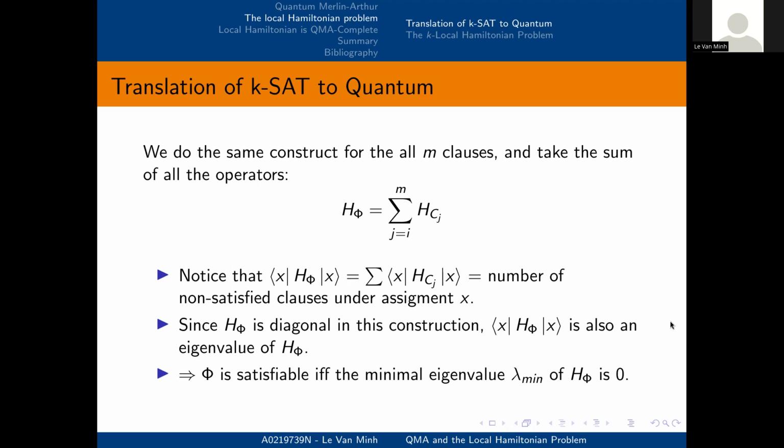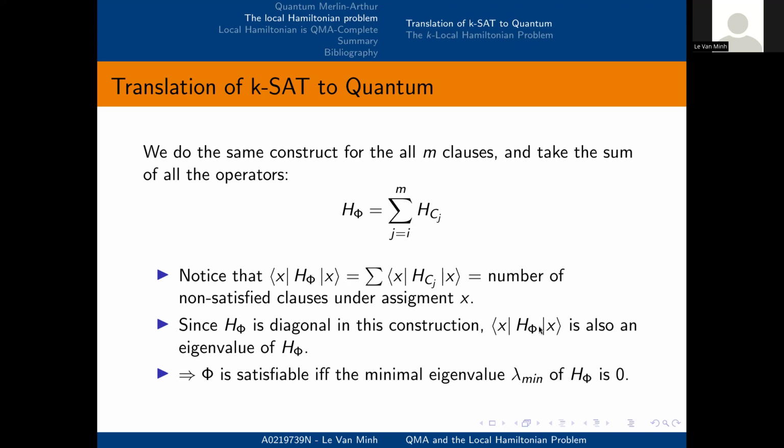And that is equal to the number of non-satisfied clauses under the assignment X. As we recall, bra X H_Cj ket X equals 1 if X does not satisfy the clause j.